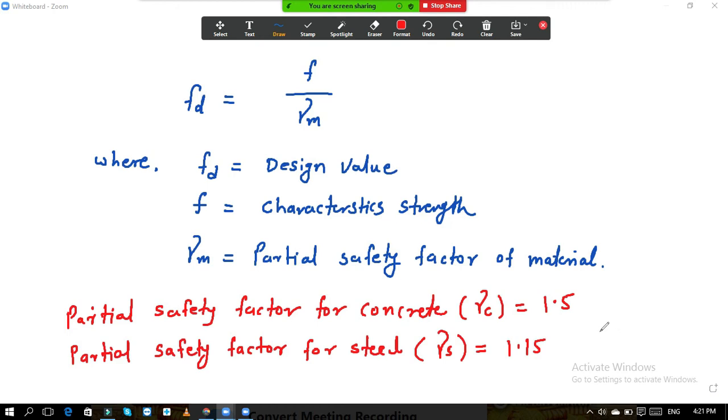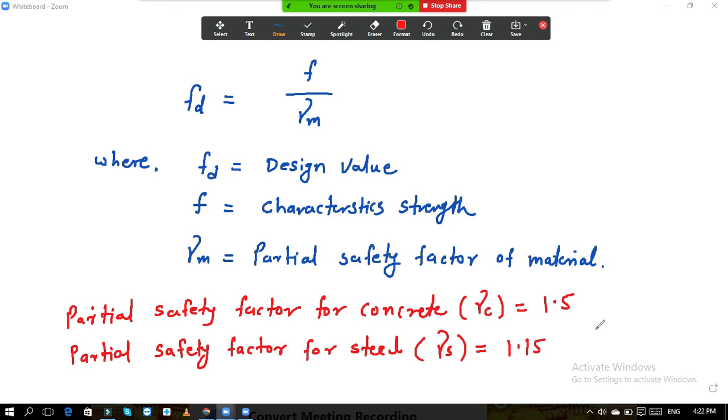So these are the partial safety factors for steel as well as for concrete. Okay, so write down all these things. These are some basic things which I have told to you right now.